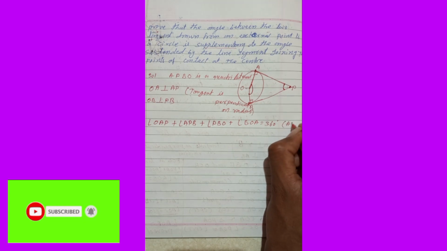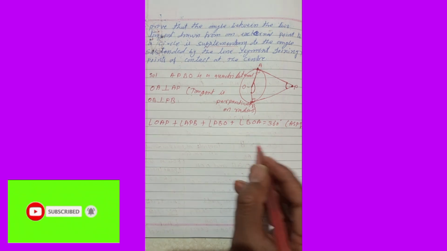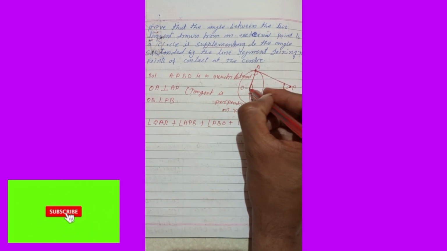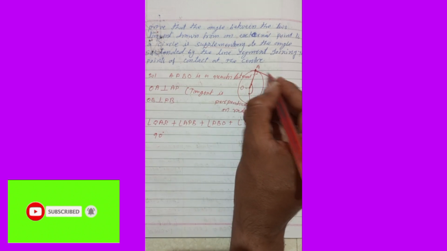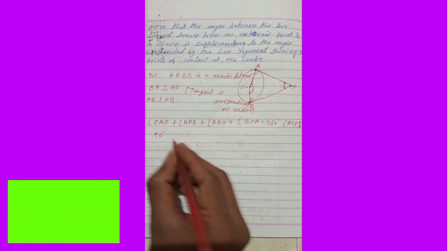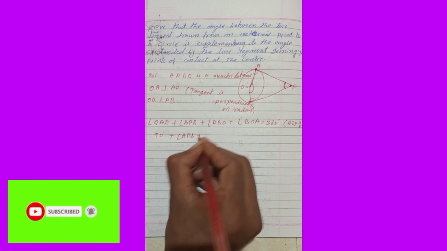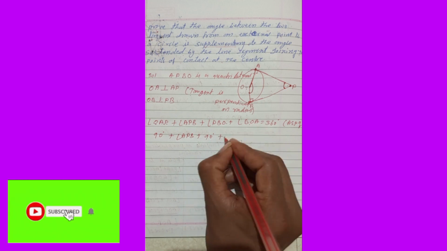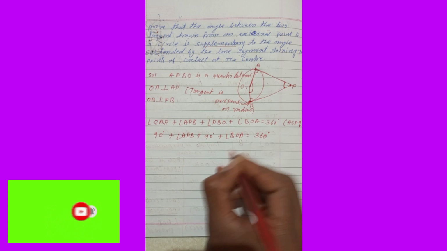Because of the angle sum property of a quadrilateral: the interior angles of a quadrilateral always sum to 360 degree. Angle OAP is 90 degree because the tangent is perpendicular on the radius, plus angle APB, unknown, plus angle PBO, this also 90 degree, plus angle BOA, unknown, is equal to 360 degree.